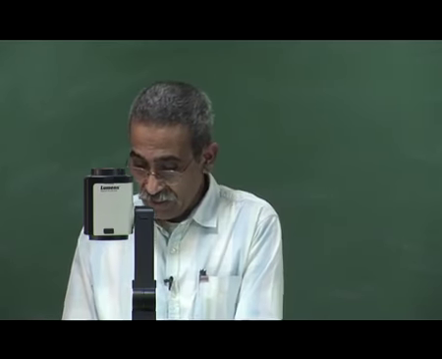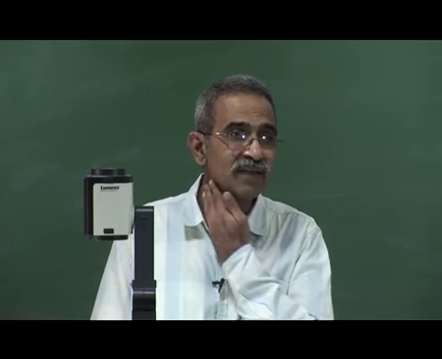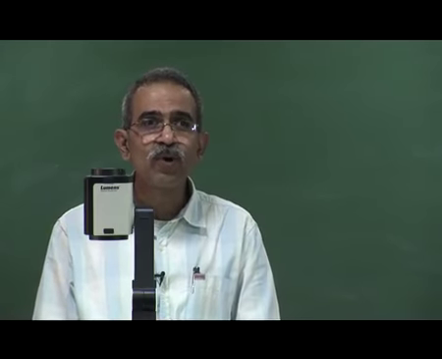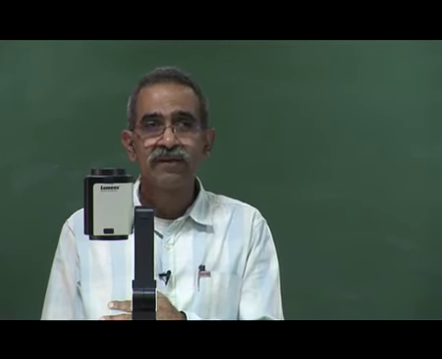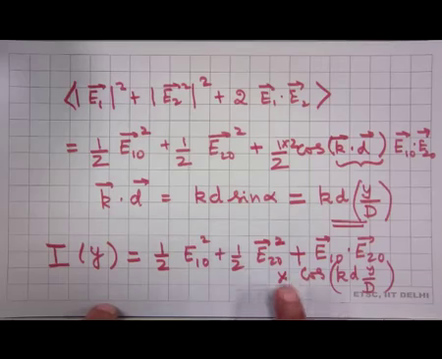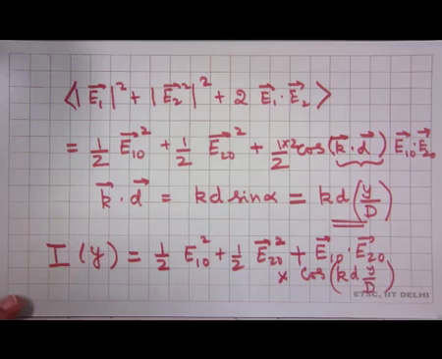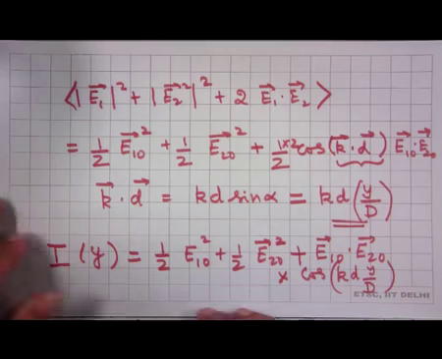So as you keep on changing your y, you are essentially changing the value of your cos function. So depending on how we move, we are going to get a maxima, which will be nothing but E1 0 squared plus E2 0 squared plus this quantity, so essentially twice the intensity. That is what we are going to find.